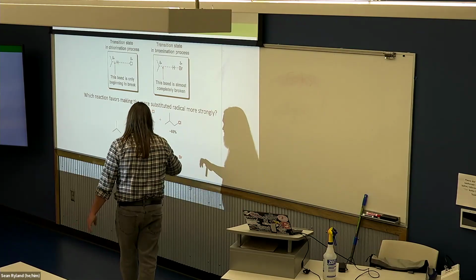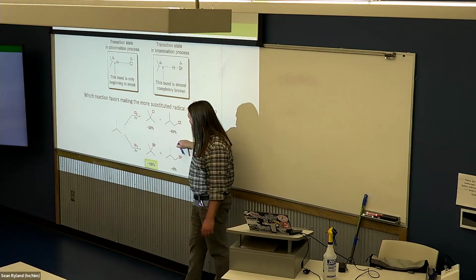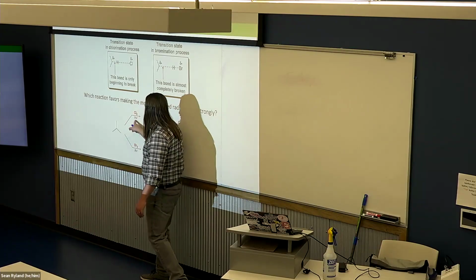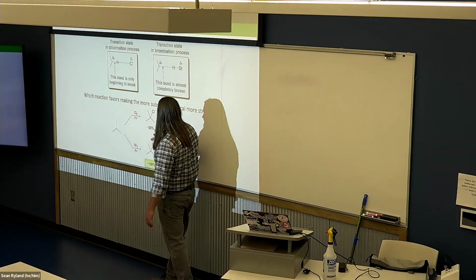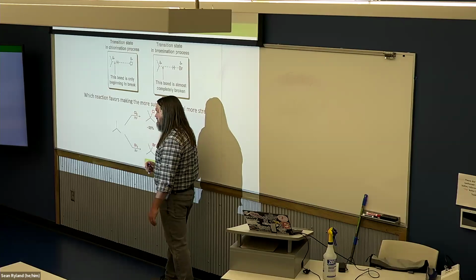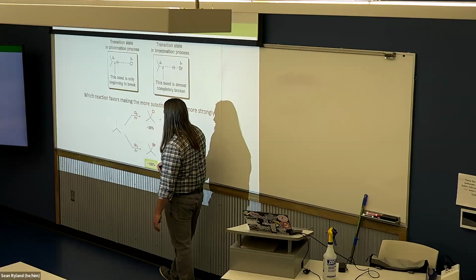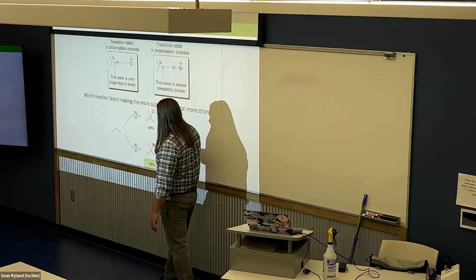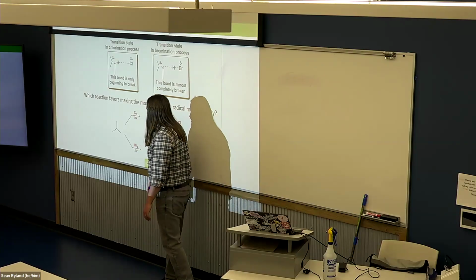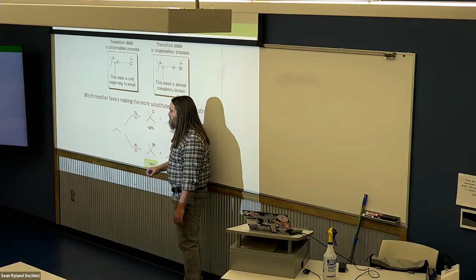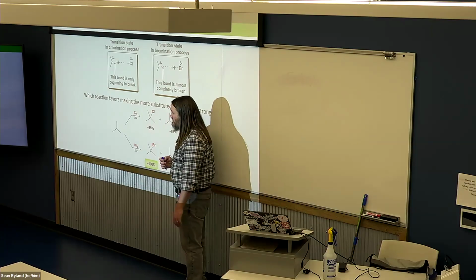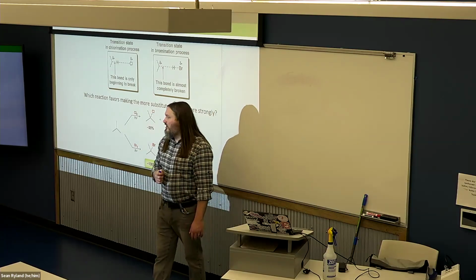But the net result of that Hammond postulate is that if we have methylpropane, we chlorinate it, we get close to the same ratio of both options. If we brominate it, we get almost exclusively the tertiary. So for bromines, we're going to say that we're only going to make one product.